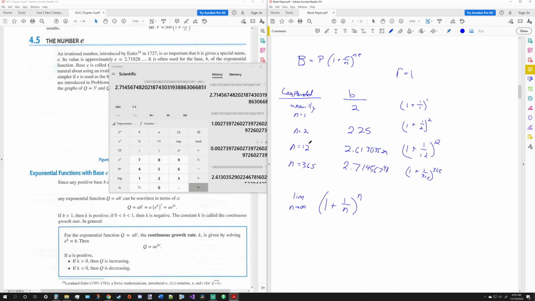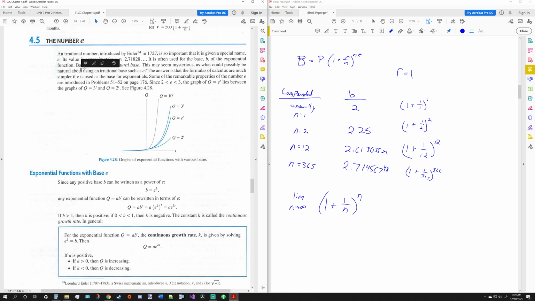So as n gets larger and larger and larger, what happens to this b value? Does it go to infinity? Well, if we notice, it started at 2 and then it kind of increased, but the rate at which it's increasing is slowing down. And so that's actually going to lead us to a certain value. And so the book is talking about this number e, which is what this approaches. So right now we're at 2.71456-ish, and e is approximately 2.71828, and that goes on forever.